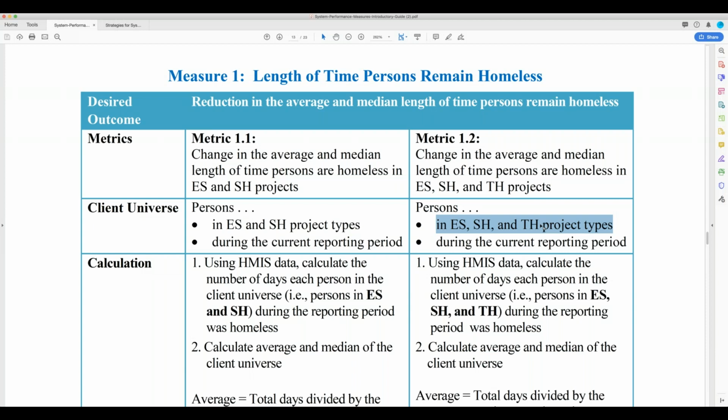So in the HMIS, it's just those HMIS entering projects that are going to pull in. But it doesn't matter whether they're receiving CoC funding for this metric, measure 1, length of time persons remain homeless. You can see that this measure is broken down between the two. One includes transitional housing over here, metric 1.2, and one does not include transitional housing over here. That's the only difference. All right, so that's measure 1.